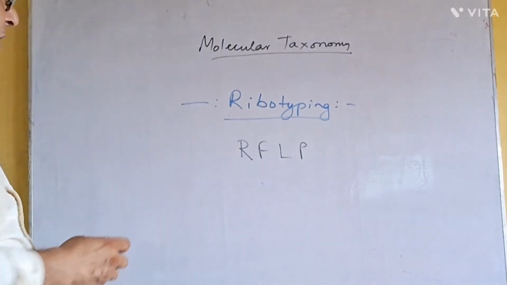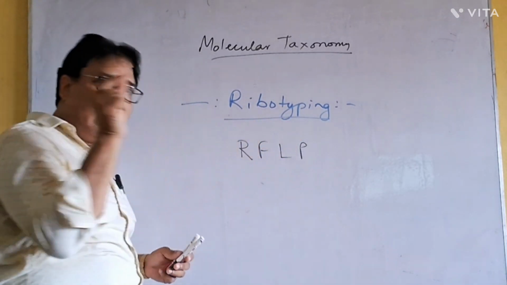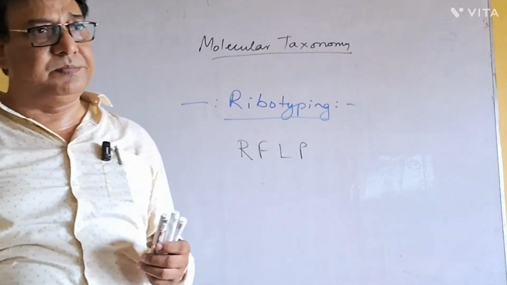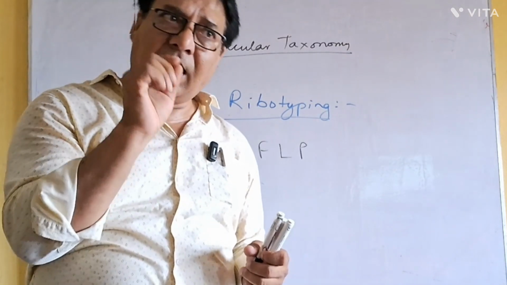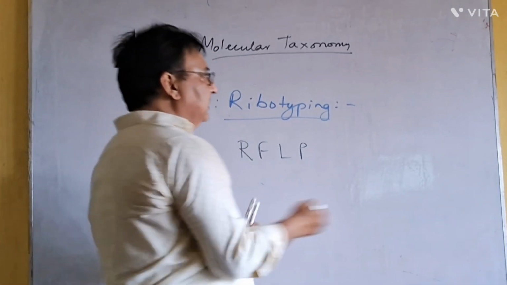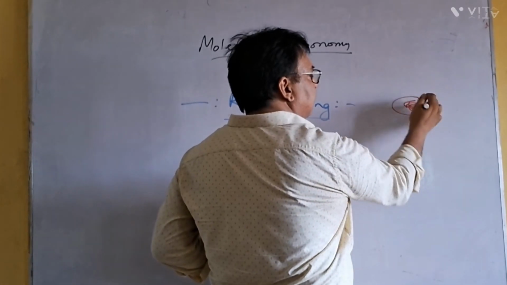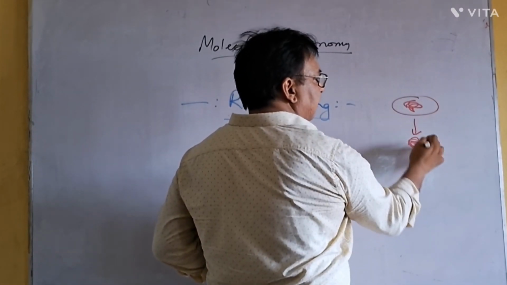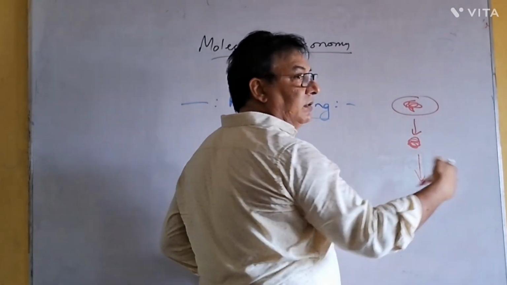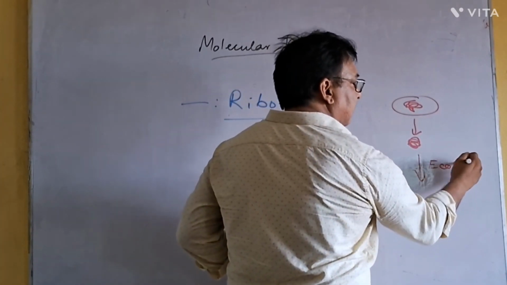What happens in this is that we have to type the ribo, meaning the rDNA. I want to find out the rDNA. I have the whole genome of my bacterium. This is my bacterium. This is the genome of the bacterium. You isolated the genome. You digested it with a certain restriction endonuclease, suppose, for example, EcoRI.